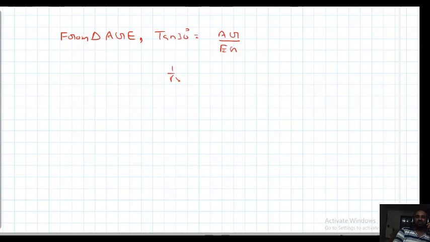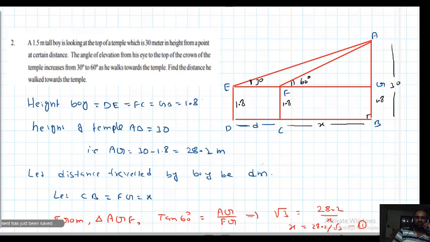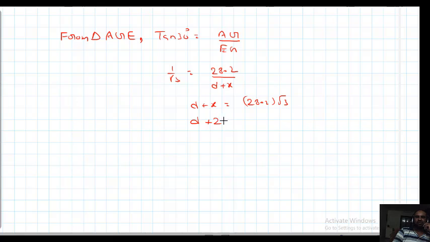This is 1 by root 3 equal to 28.2 by d plus x, or d plus x equals 28.2 into root 3. Already you have the x value, that is 28.2 by root 3. So 28.2 by root 3 is equal to 28.2 into root 3.